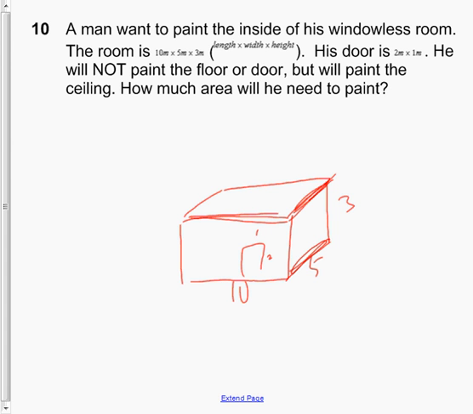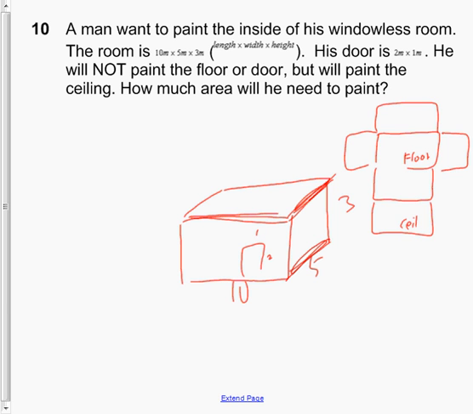So the ceiling, I'll draw my net. And we'll call this one the floor. Ceiling. So the ceiling is 5 by 10, so the ceiling has an area of 50. I am not going to paint the floor, so I'm not going to put a 50 in there.